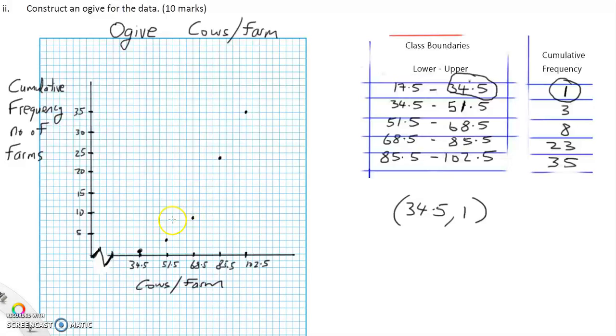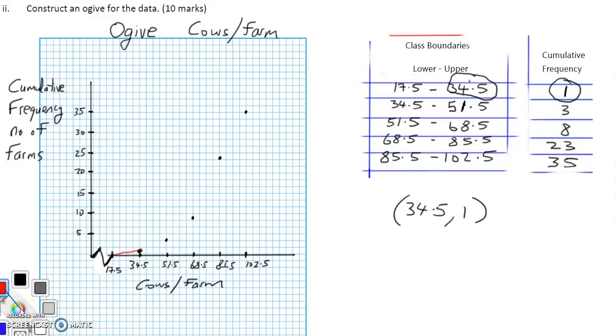And then we can join these data points with a straight line or straight-ish line. I'm going to switch to red, but we go back here for our first. This here represents 17.5. So we should have written it in actually. So that's 17.5 in there.